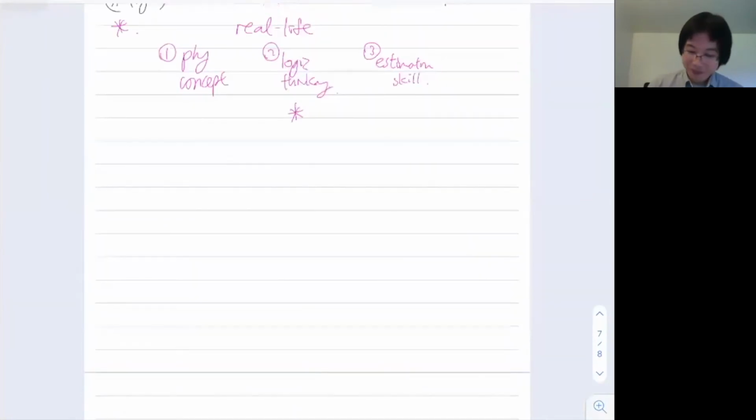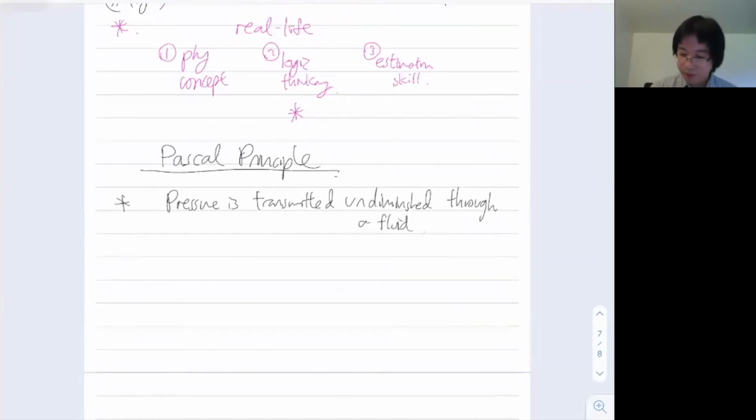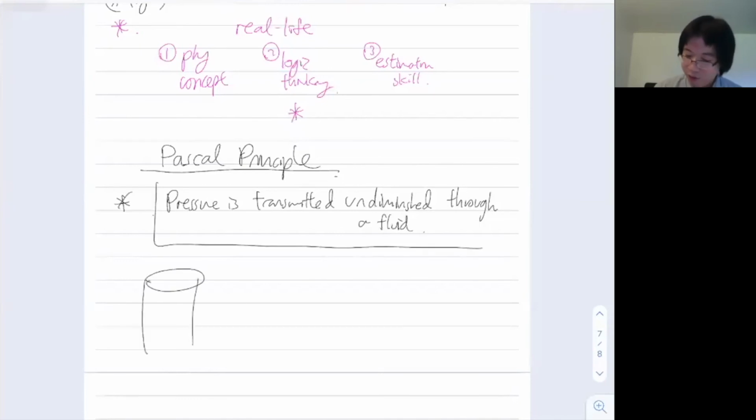So let me introduce one more equation, which is called Pascal's principle. His principle says that the pressure will be transmitted undiminished throughout a fluid. So he noticed this. Let's rephrase that in simple English.